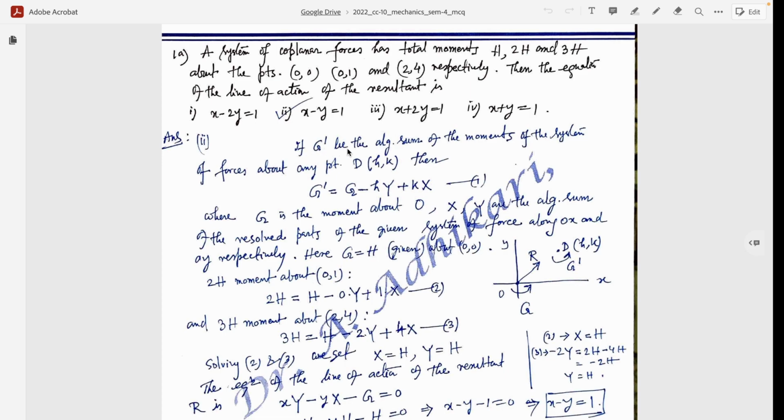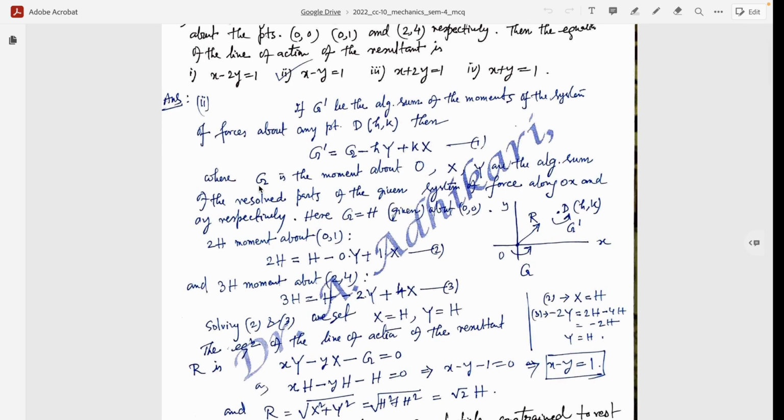If G dash be the algebraic sum of the moments of the system of forces about any point D with coordinates (h, k), then we know G dash equals G minus hY plus kX, where capital G is the moment about O, and capital X and capital Y are the algebraic sum of the resolved parts of the given system of forces along the OX and OY axes respectively.